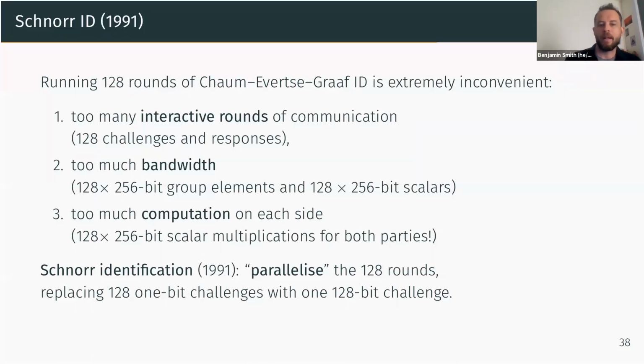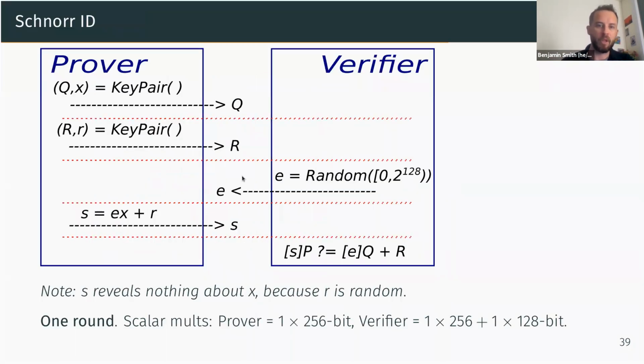So Schnorr's identification scheme is basically exactly this, except you do the 128 rounds more or less in parallel. You replace 128 individual 1-bit challenges with one 128-bit challenge. So E, instead of being a single bit and then doing this 128 times over, you pick a 128-bit string, but view it as an integer and continue as usual, just for one round.